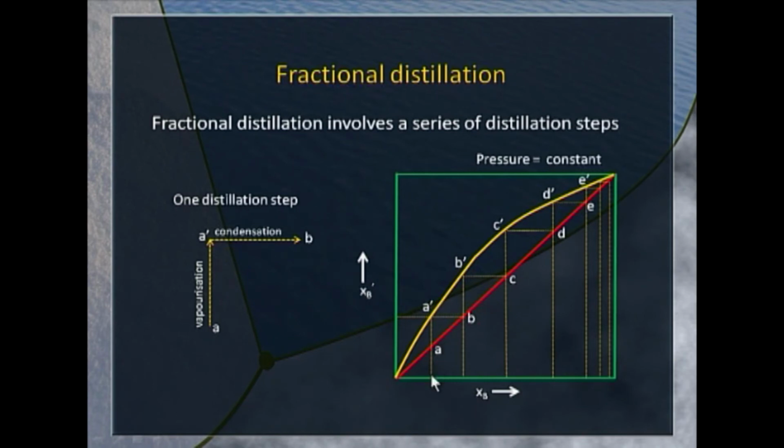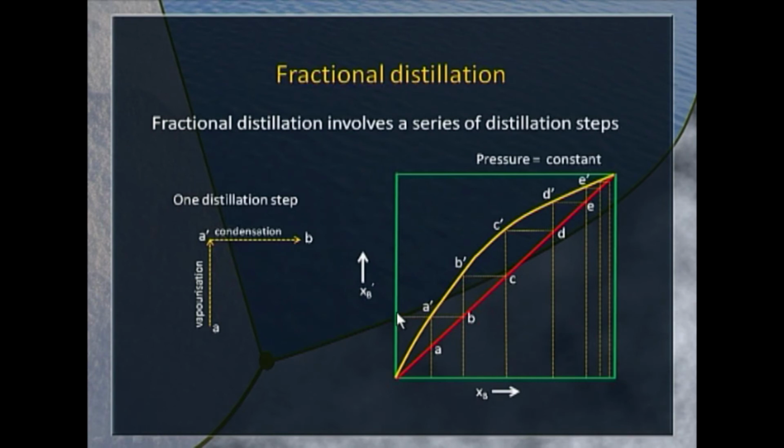You start with a liquid mixture that is having a particular composition which is given by point A. When you heat it, you get a vapor having a composition A prime.